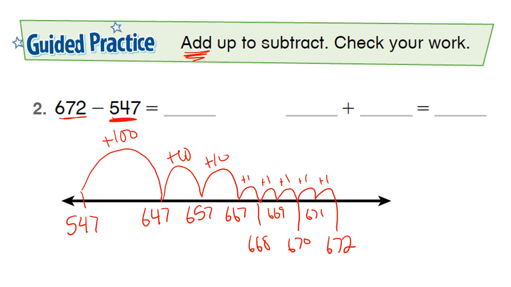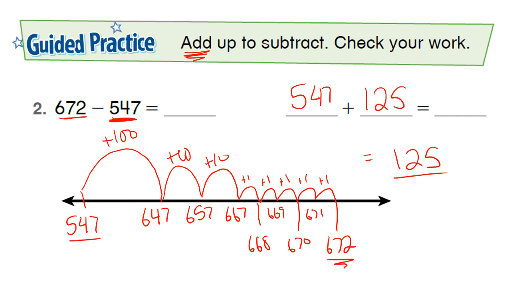So 100 plus 2 tens is 120, plus 5 ones is 125. So 547 plus 125 is equal to 672. Now again, this is not really what I'm looking for.